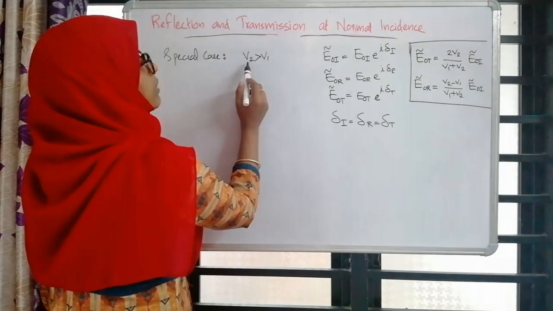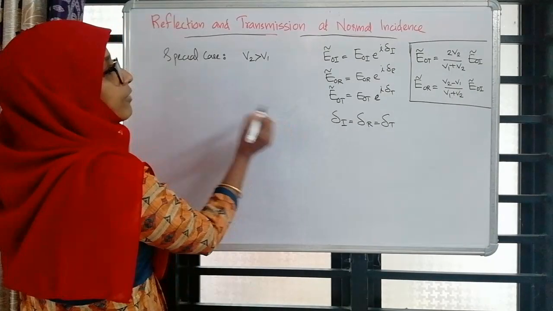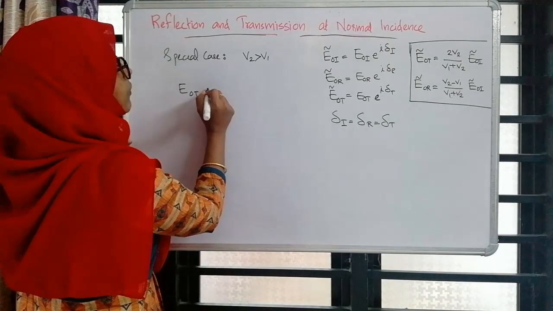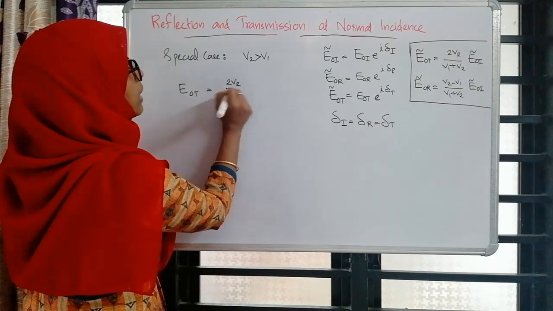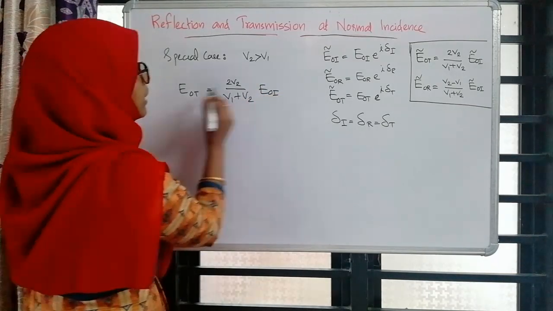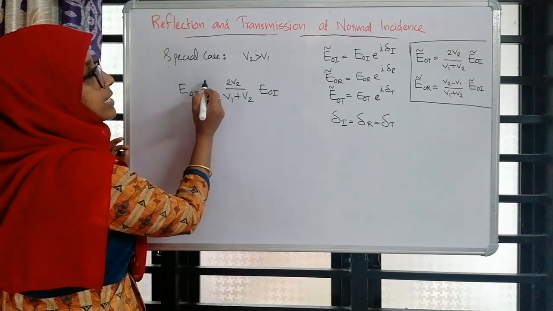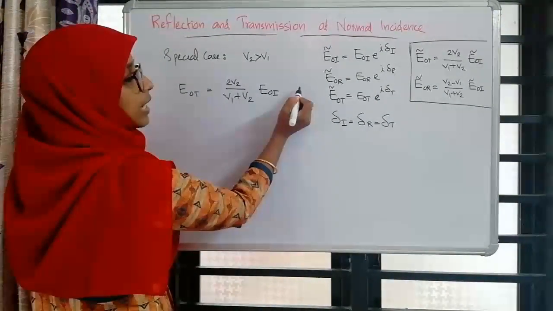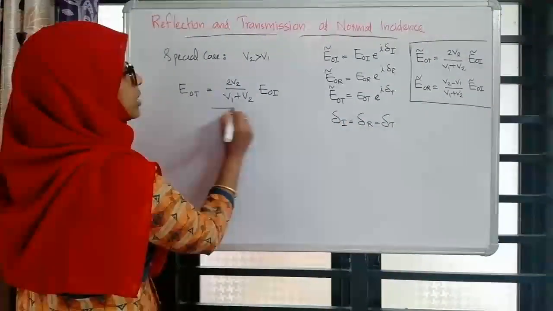In this case, V2 greater than V1, it is in phase, then E0T will be equal to 2V2 by (V1 plus V2) E0I, where here will be e raised to i delta T, and here it will be e raised to i delta I, which are the same. So, this will be the equation.